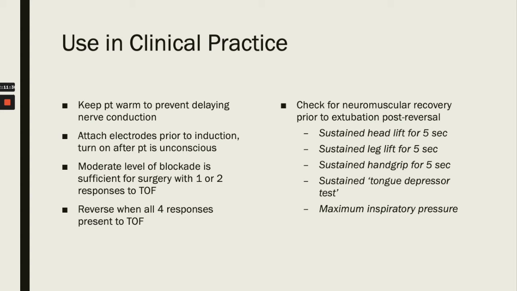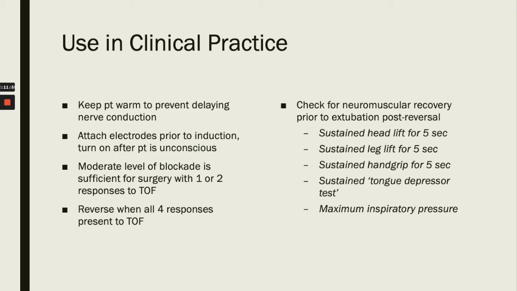And when you want to see if you can extubate your patient, you want to check for neuromuscular recovery prior to extubation, post-reversal. The best way to check is to make sure they have a sustained head lift for 5 seconds, a sustained leg lift for 5 seconds, sustained hand grip for 5 seconds, a sustained tongue depressor test, and maximum inspiratory pressure.